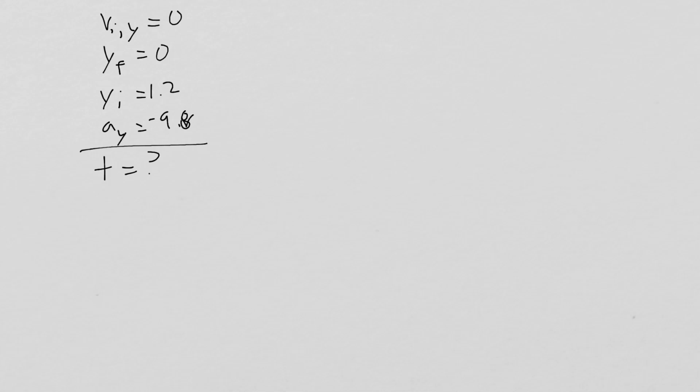So y final, or sorry, 1.2 equals 0 plus 0 for the initial y velocity, plus 1/2 negative 9.8 t squared.